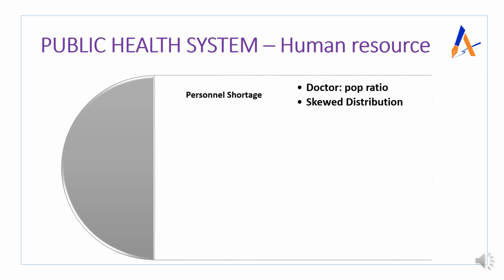Also, we have skewed distribution, in the sense that availability of doctors in southern India is good in comparison to northern India. Not only that, if we analyze within a region also, rural India is having a shortage of personnel, but urban areas have a good number of personnel, be it doctors or nurses. So personnel shortage is not there in urban areas. So this is one of the aspects.